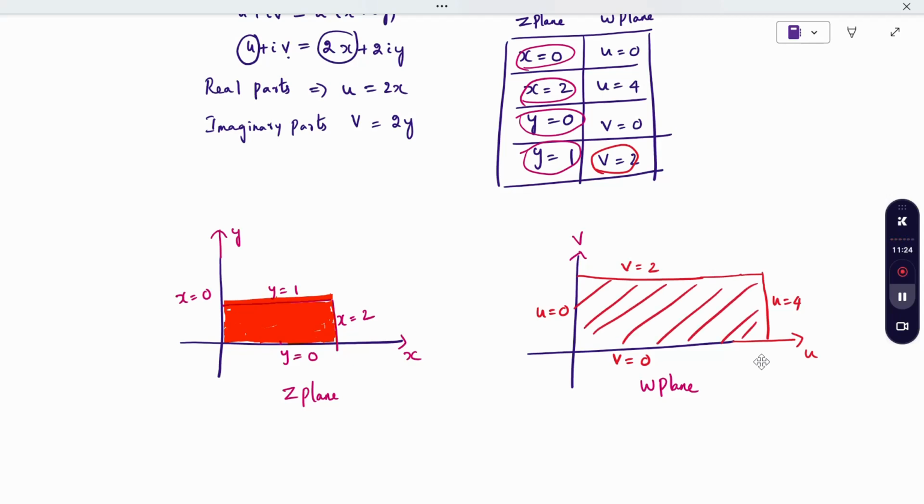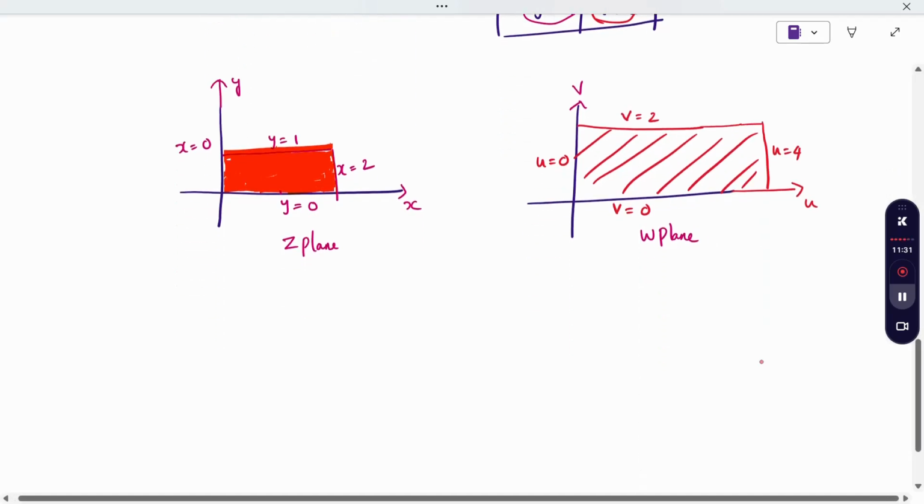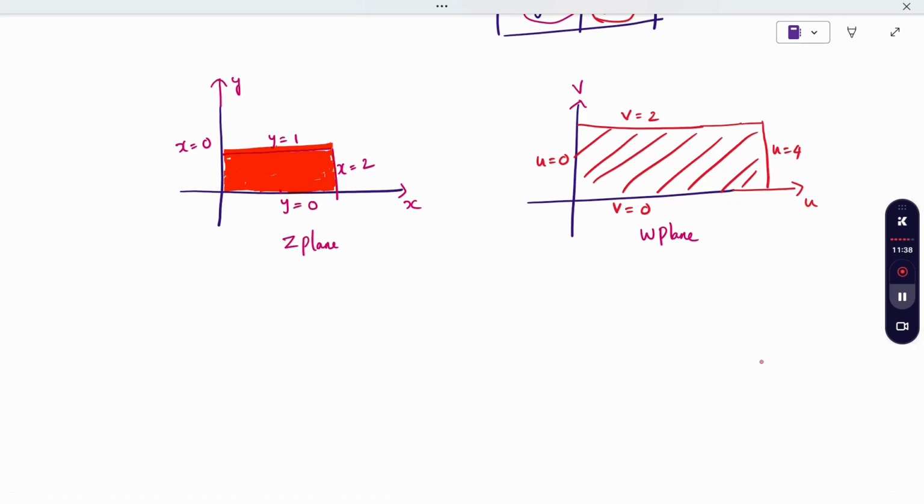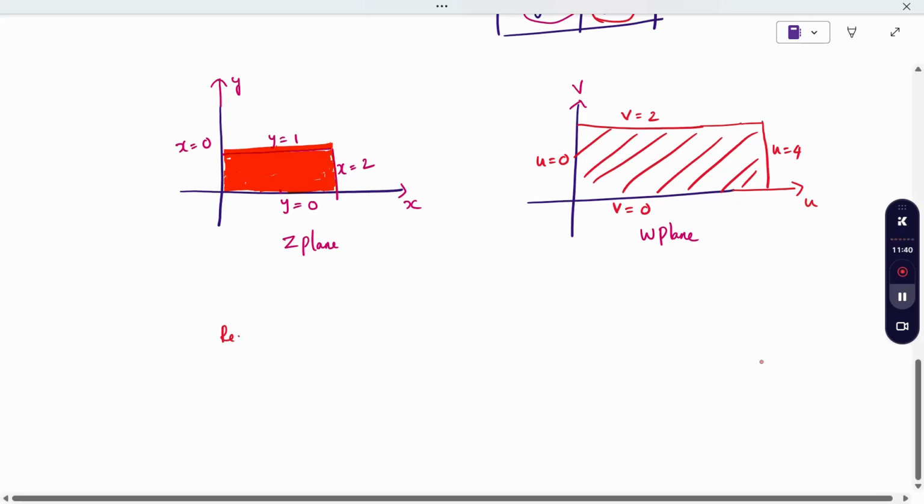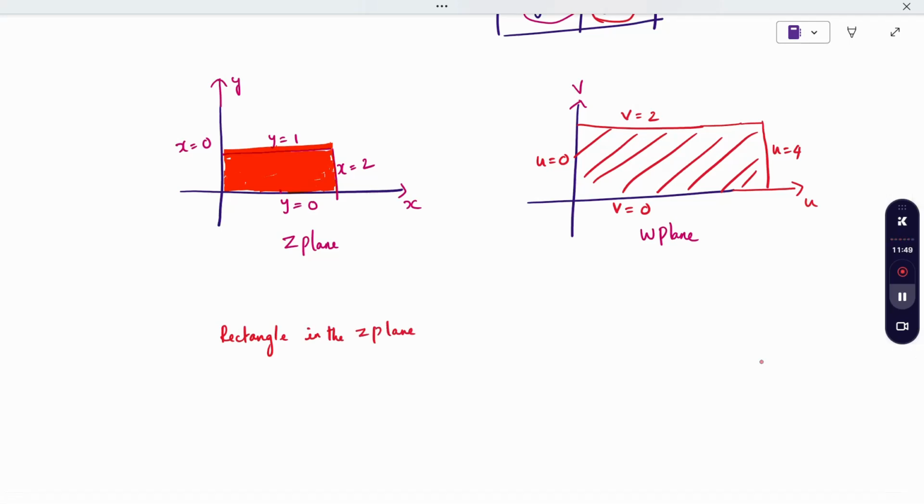Now after the diagram, write a conclusion. What is the conclusion you are getting? Sometimes it is twice, sometimes thrice, sometimes four times. Write it in your own sentence; one sentence is enough, but you have to write a conclusion compulsorily. So the rectangle in the Z plane is mapped into the W plane.